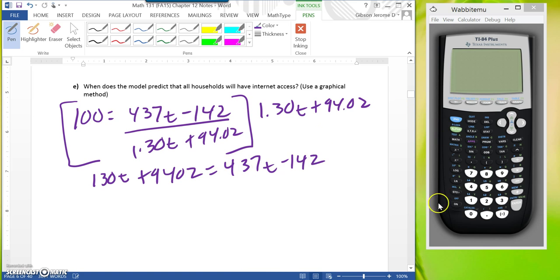Now, what we could do is put this in a calculator with our y1. We know this would be our y1, so we have 130x plus 9,402, and then we will have 437x minus 142.